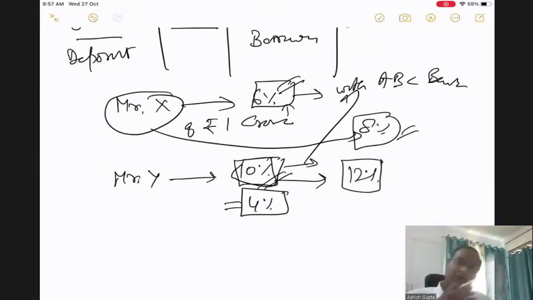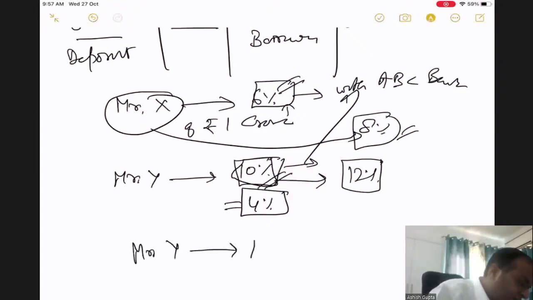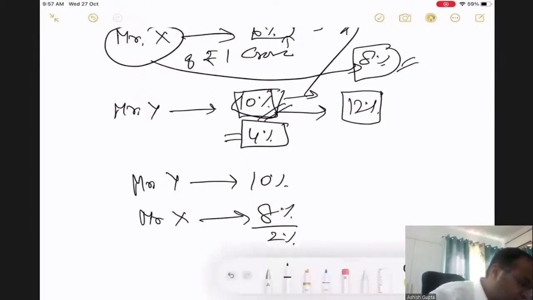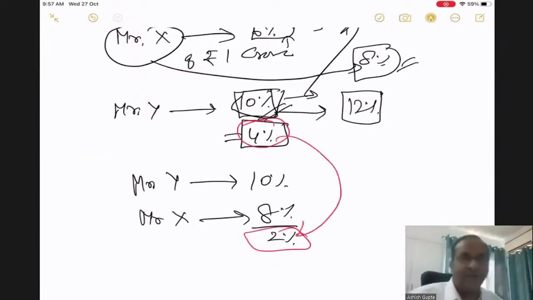Mr. Y will continue at 10% and Mr. X gets a new FD at 8%. So this shrinking of interest: here the spread was 4% and here it has shrunk to 2%. That's why banks are more sensitive to interest rate risk.